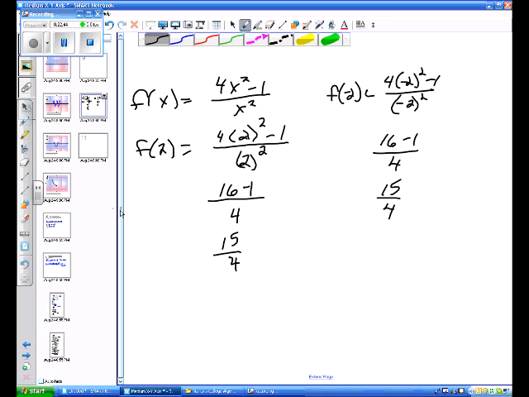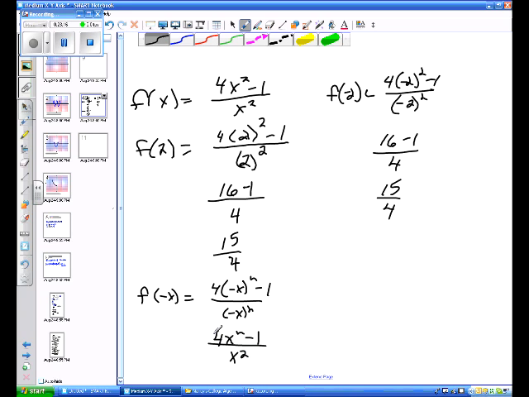And if we wanted to find f of negative x, that simply means wherever there's an x, we're going to substitute in negative x. So negative x squared is x squared. So we end up with 4x squared minus 1 over x squared.